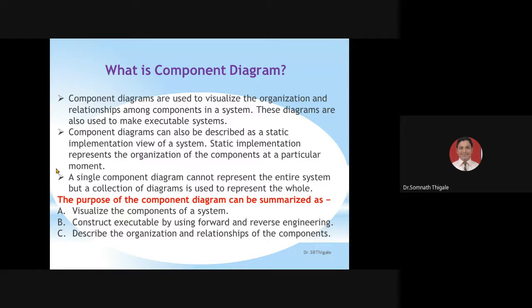If you want to change their positions, you can change accordingly, and you can represent that. So that is what I am showing as a simple component. A single component diagram cannot represent the entire system, but based on the type of view or the type of perspective, we can have different component diagrams.